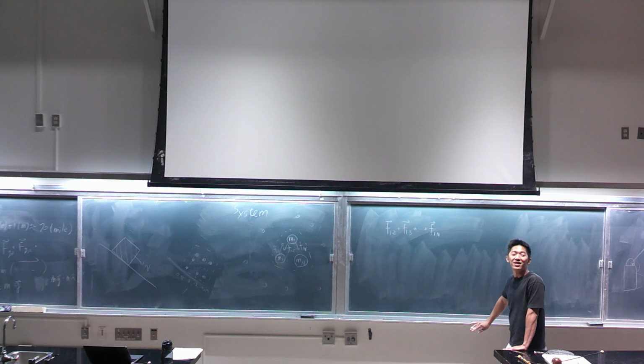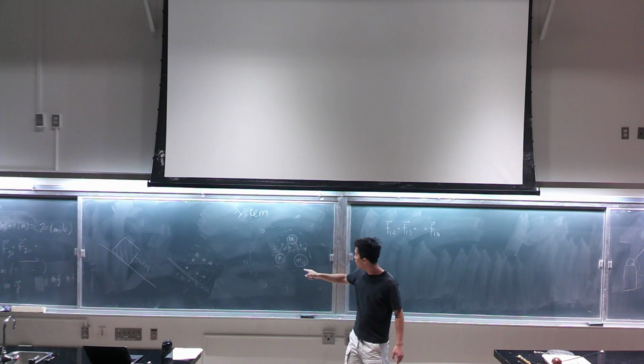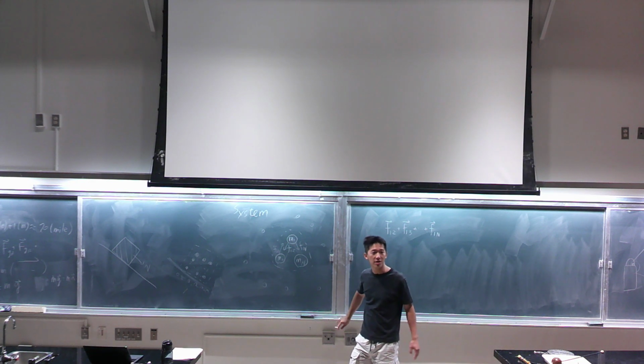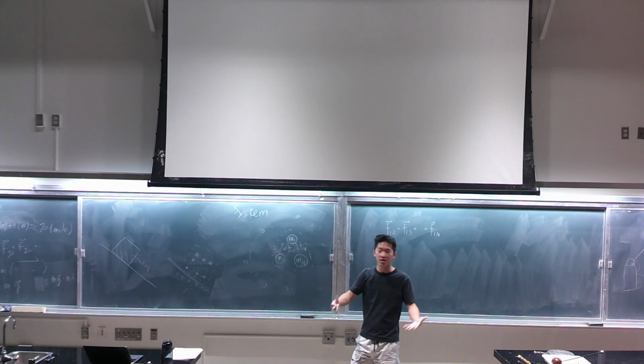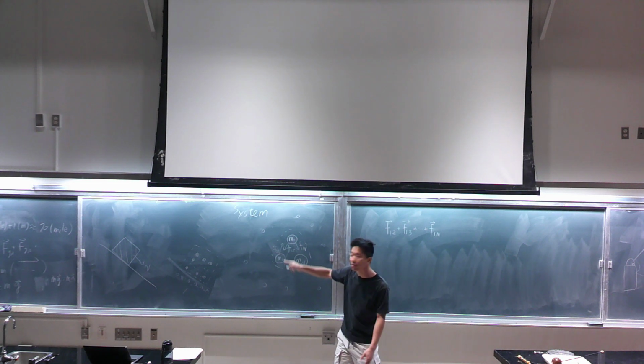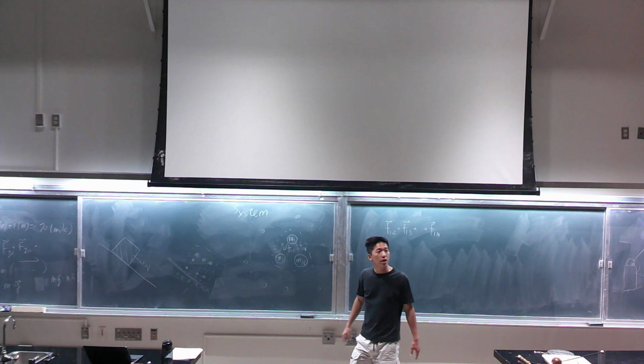That's not yet the total force, because we only call these particles our system. There are particles outside the system, and they can interact with the particles inside your system, because what you call the system is just something you choose. This dashed line is not physical. You can choose any particles to be your system.